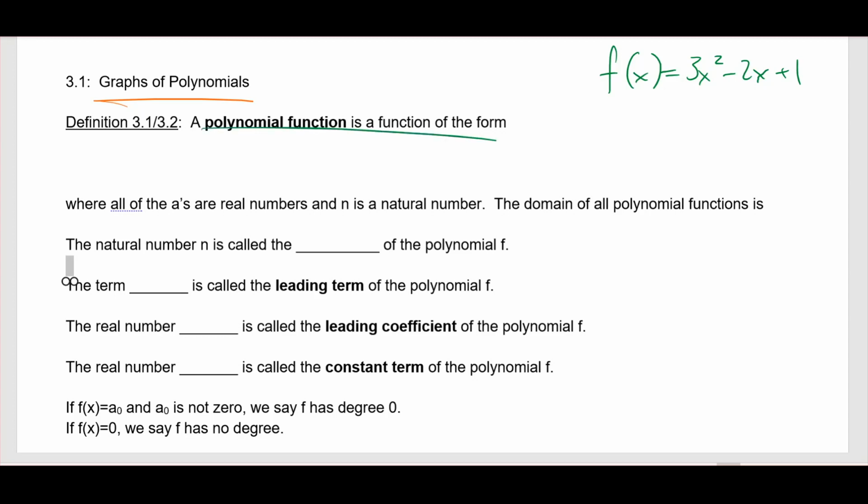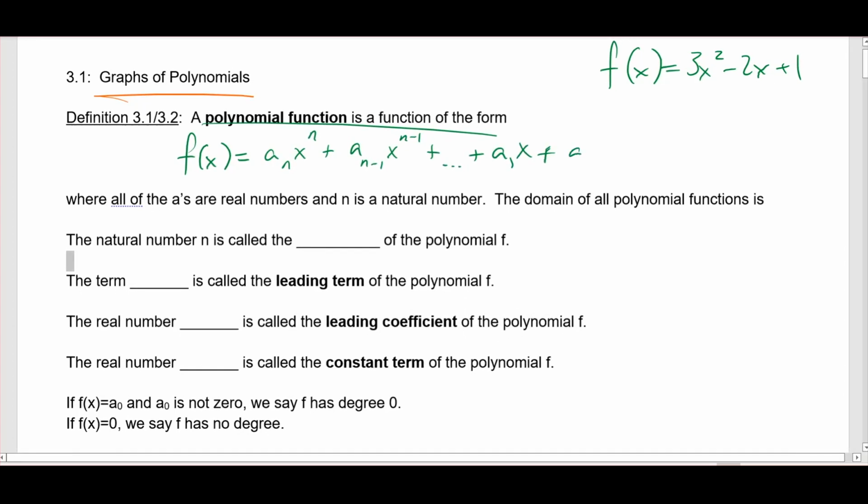In general, when we write a definition for this, it's going to look kind of goofy. Let me just write it out and we can talk about it. Okay, so it looks kind of goofy, but really we're just looking at something that looks like this.